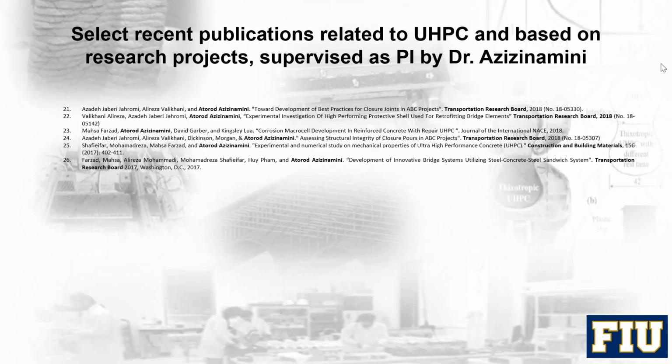Then another question, how does the UHPC work and bond with the existing concrete that's in place? Yeah, there has been lots of work on that. The best approach is to have an exposed aggregate. If you have an exposed aggregate and you make sure that the surface of the existing normal strength concrete is wet, then you will get a perfect bond.